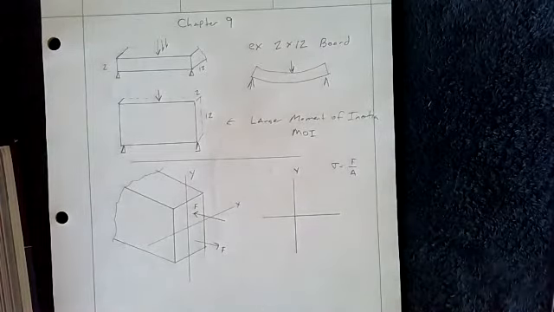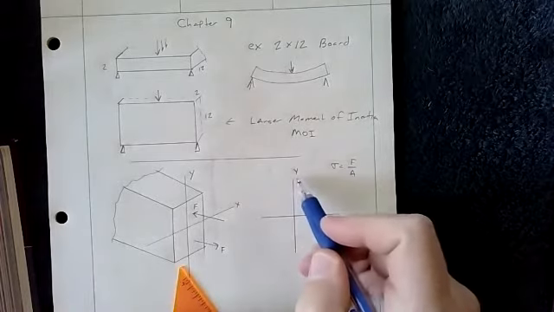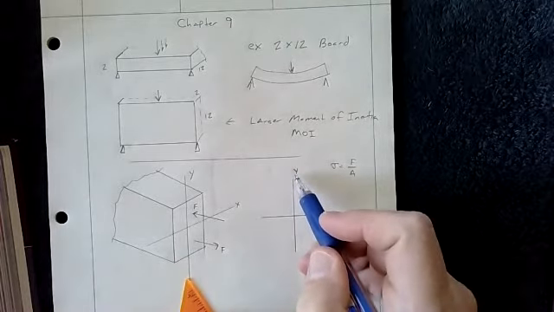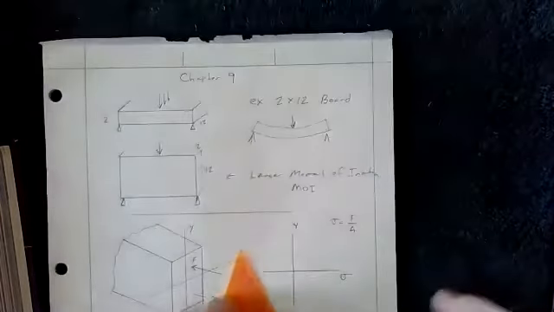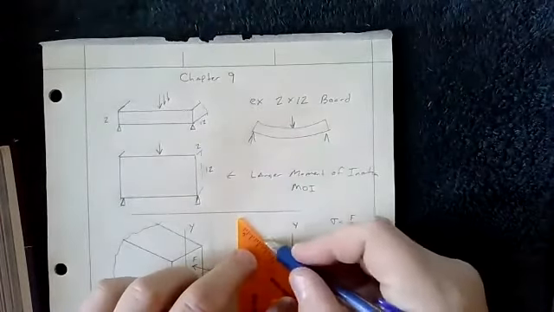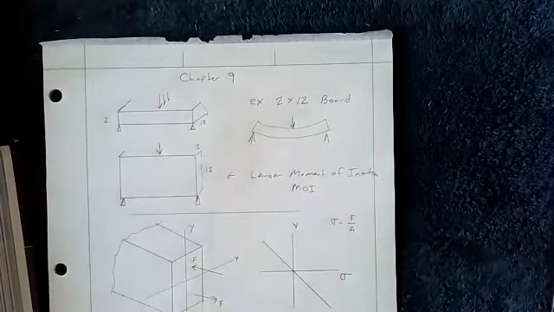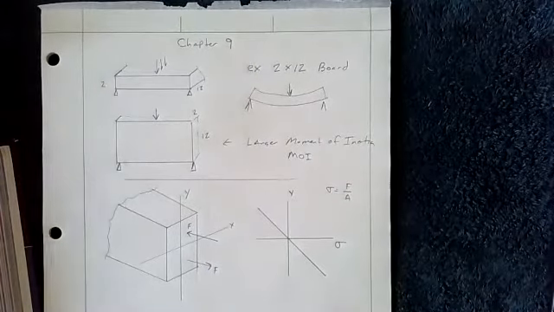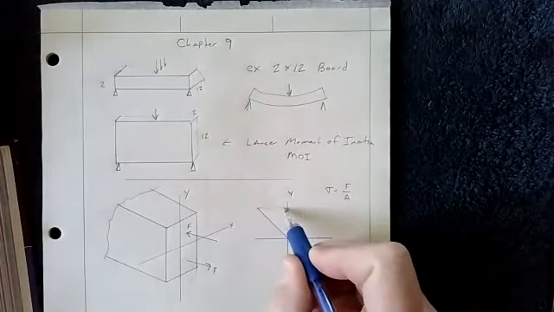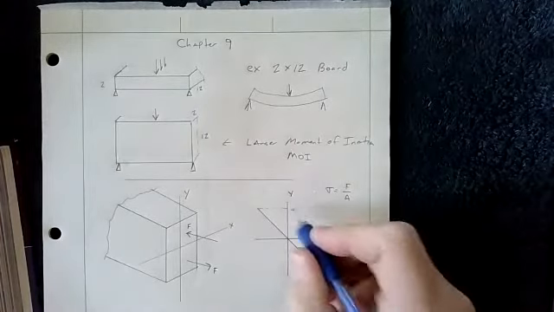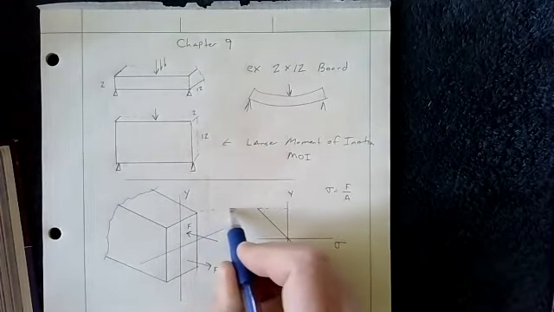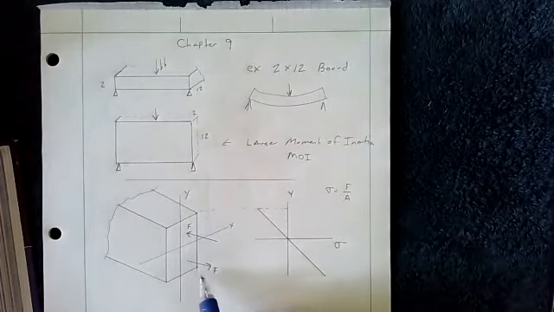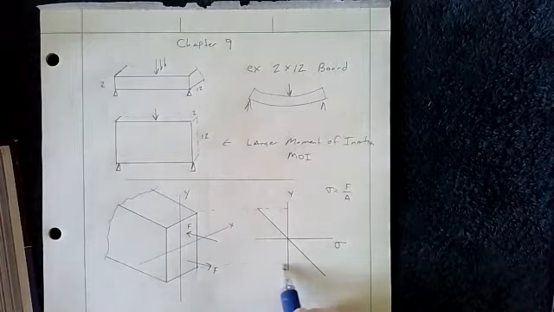If we plotted y versus stress, we would get something that looked like this. This location here, according to y, would be right at the top, and then down here would be right at the bottom.